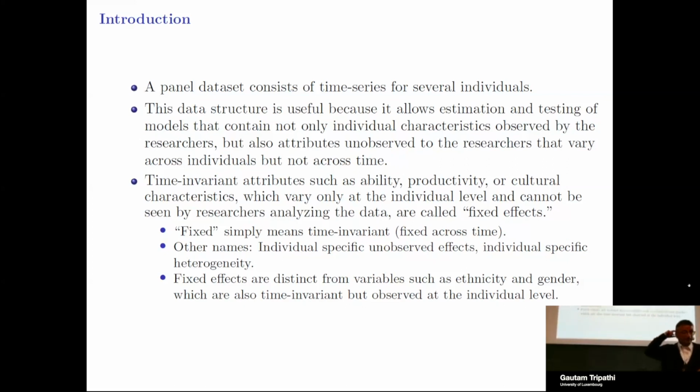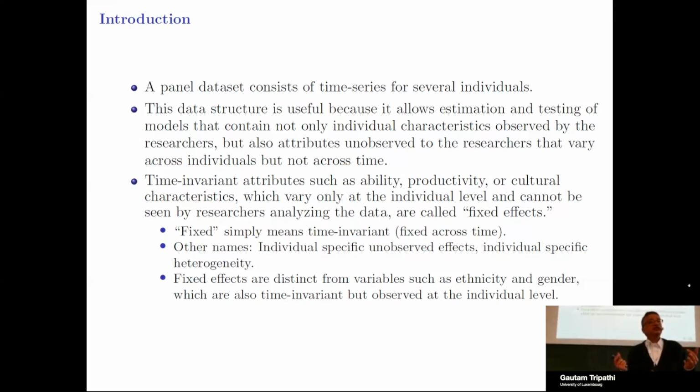The kind of unobserved variables that you can actually control for are variables such as ability or productivity or cultural preferences, which are known only to the individuals. They are not known to the economist or to the analyst who's looking at the data. So your productivity, your ability, your cultural preferences are known only to you, not to me.